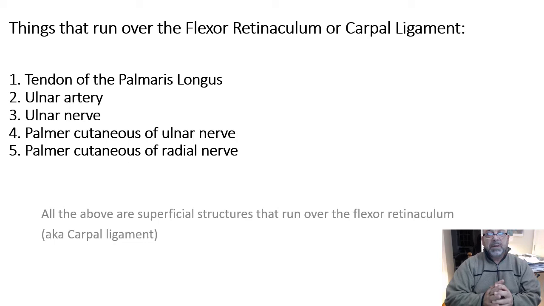So this tendon of the palmaris longus is above the flexor retinaculum. Also you have arteries and nerves: the ulnar artery and the ulnar nerve, then cutaneous nerves of the ulnar branch and a cutaneous nerve of the radial branch. Again, these are structures that are above the flexor retinaculum.